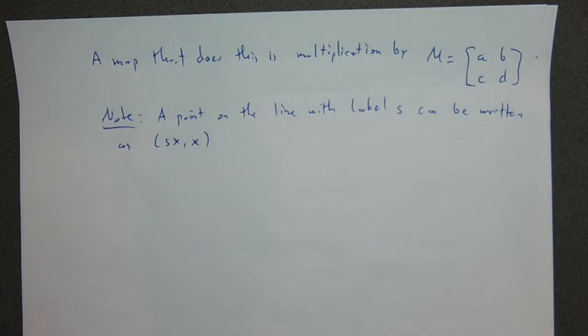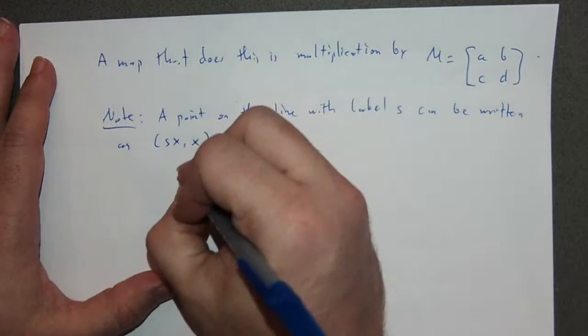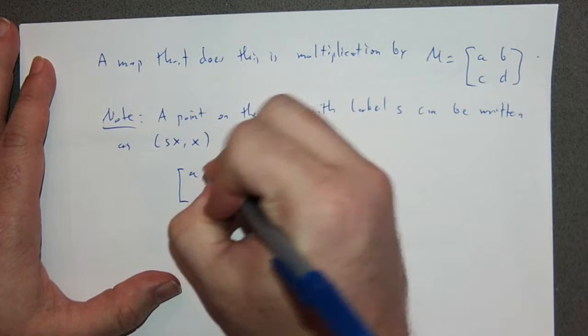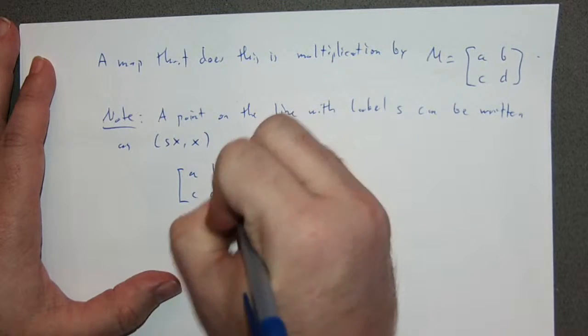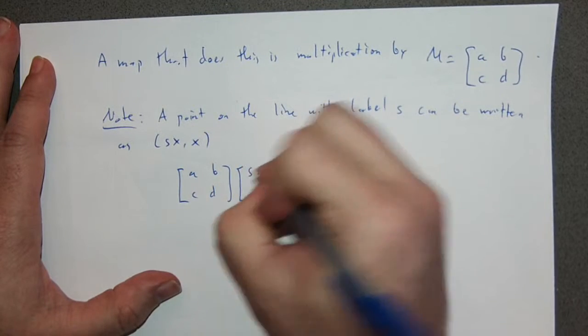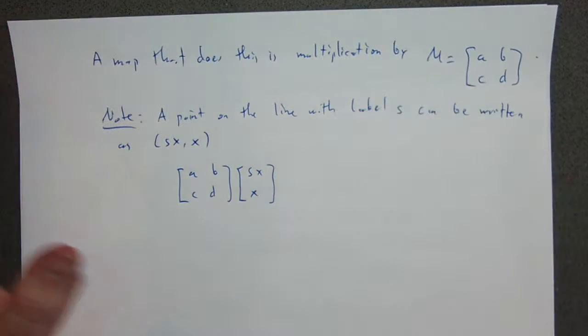Well, how does multiplication by M affect this column vector (SX, X)?